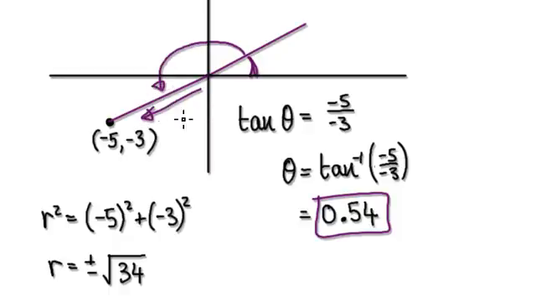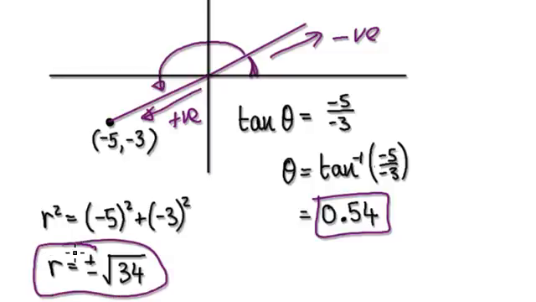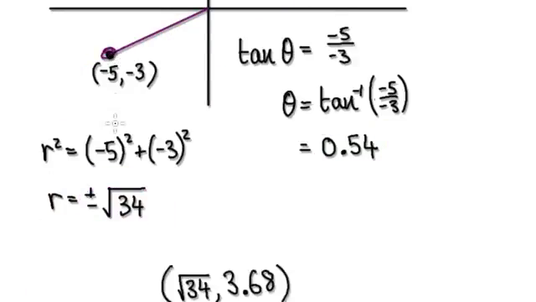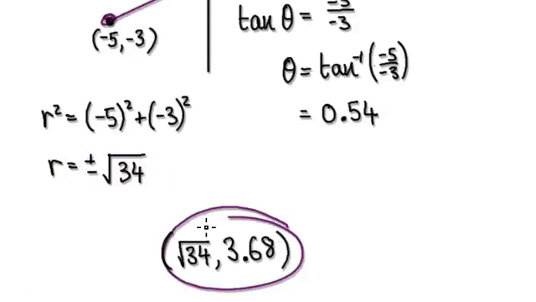So now in this direction is considered positive, and in this direction is considered negative. So when you work out the radius, in this case you're already facing the positive direction. So select the positive version of root 34. Well, this point here translates to this in polar coordinates.